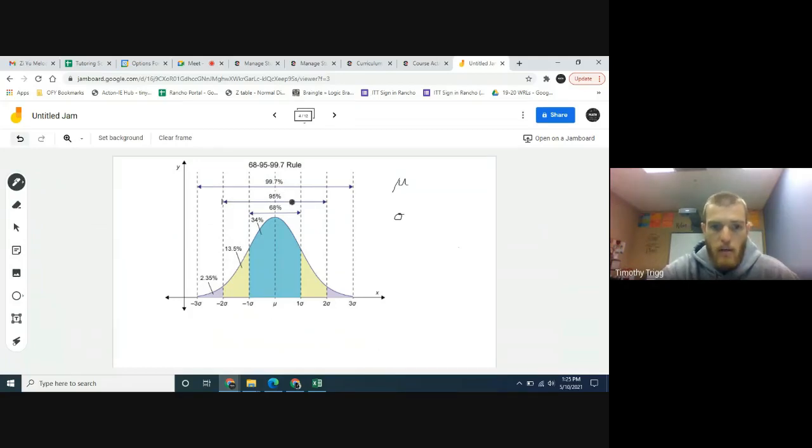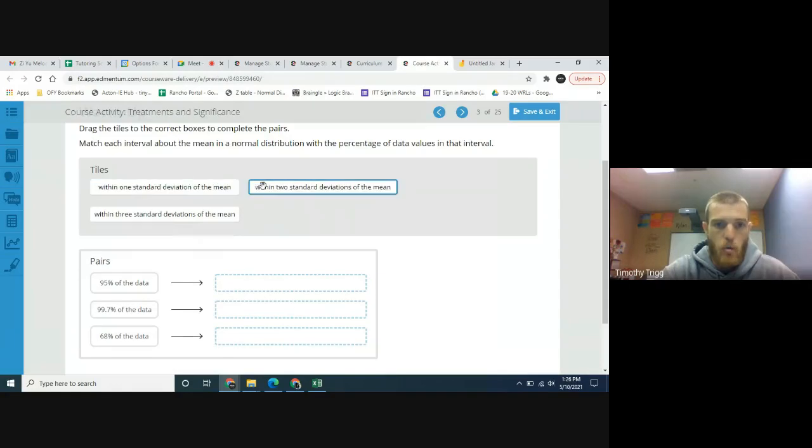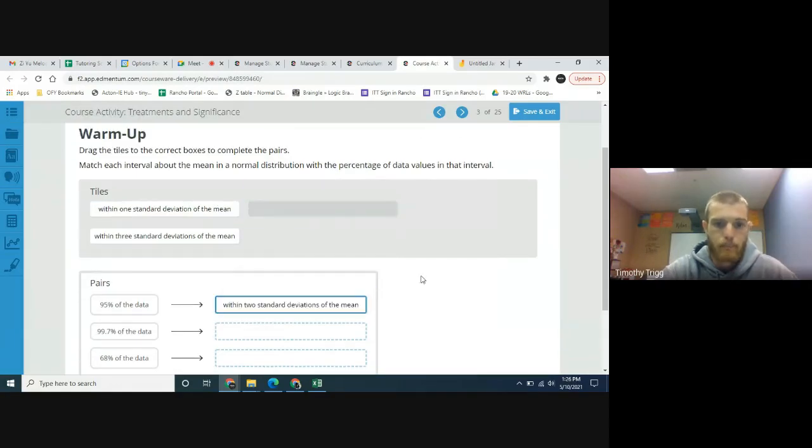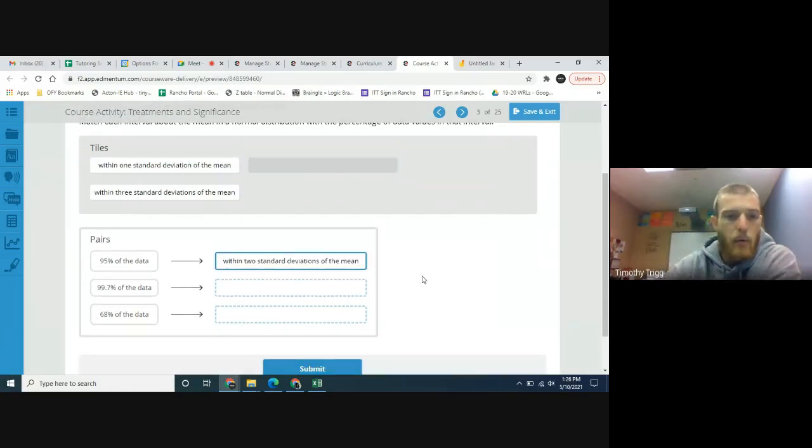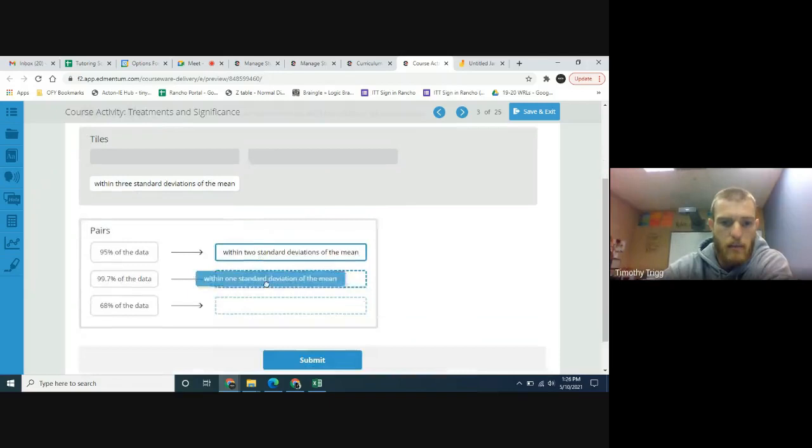So from here to here, in other words, from below two standard deviations to above this gap, 95% of the values will be within this section of the curve. Okay, so that's what it means, within two standard deviations of the mean. And based on what I just explained, see if you can put in these other two in the correct spots and drag them to the correct spots here, okay?